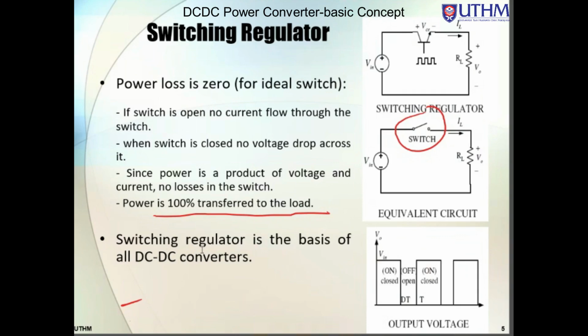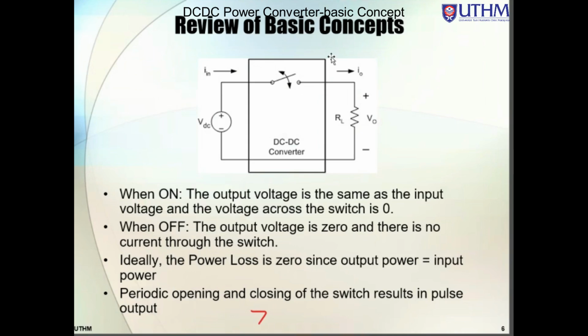So the switching regulator is the basis of all the DC to DC converters. This means we want to control the switch on and switch off in our DC to DC converter. Okay, next. So this is the basic concept of the DC to DC. During the switch on, the voltage output is the same as the input.